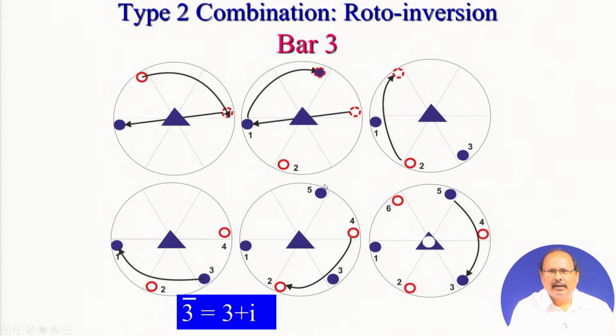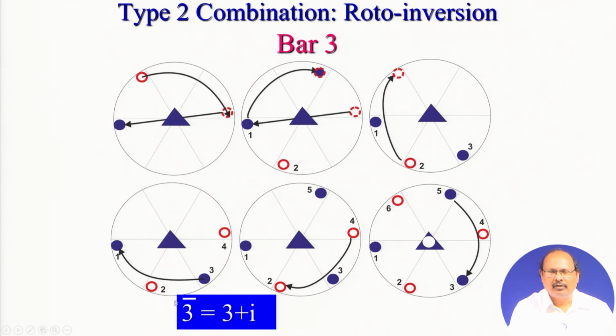Now, 5 gets another 120 degree rotation, it comes here, and then there is an inversion. So, it comes here at 6. The third position also remains as it is. So, no problem here.